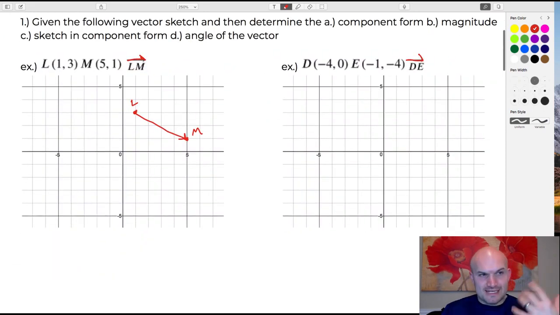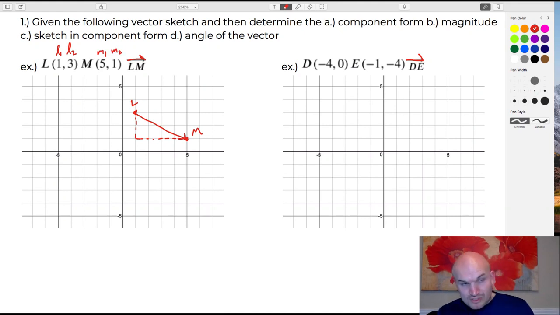So a lot of times students have trouble understanding this, but basically writing the component form is just identifying the change horizontally and the change vertically, right? So if we were to think of these as like two components, L1 and L2, and this as M1 and M2, the change horizontally of these coordinate points is basically just going to be M1 minus L1, right?